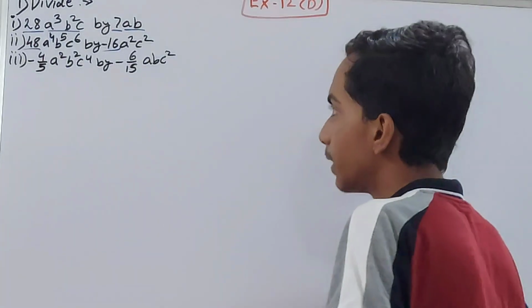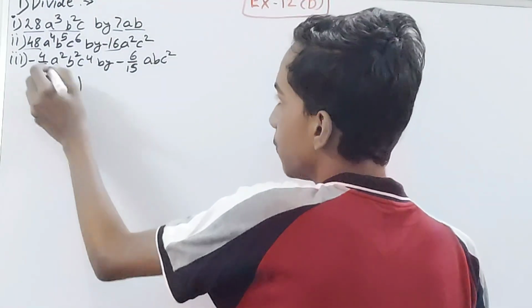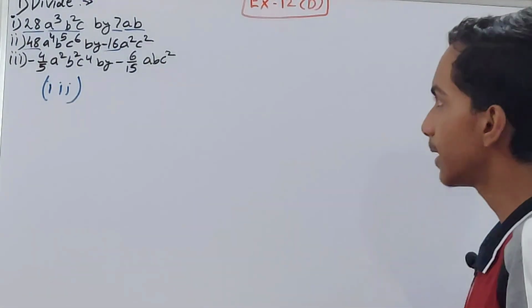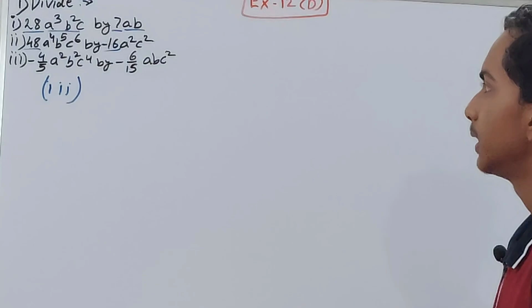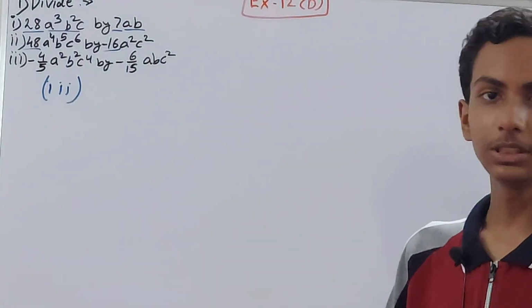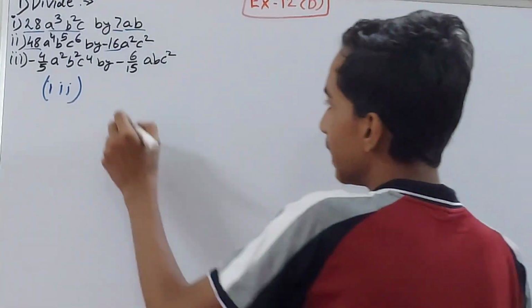Now do the third part also. Here we have minus 4 by 5 a square b square c to power 4 divided by minus 6 by 15 a b c square. You have to be careful, you have fractions this time, you have to divide one fraction by the other fraction. So I will write it clearly here.